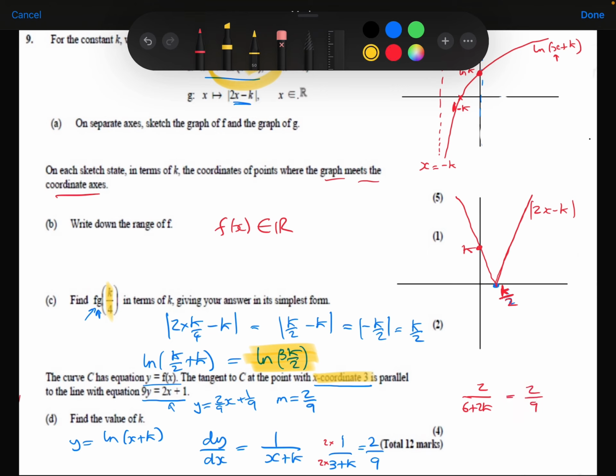That way I've got the same numerator, which means the denominators must be the same. 6 plus 2k equals 9, so 2k equals 3, so k is 1.5. And we're done.